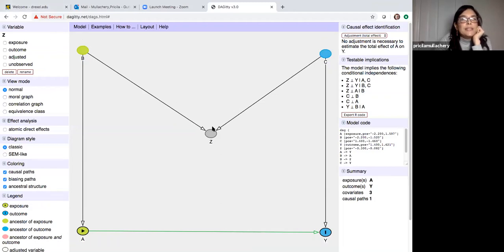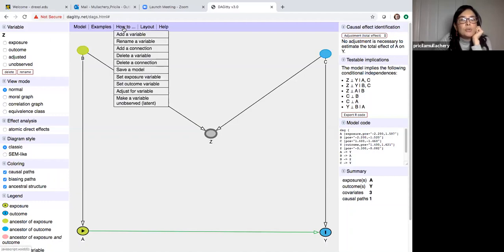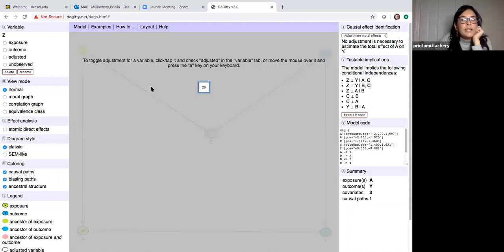However, if by mistake, let's see what happens if I adjust for it. So how do I adjust for it here in DAGitty? I can go and check how to adjust for a variable. I can just move the mouse over it and press the key A to adjust.